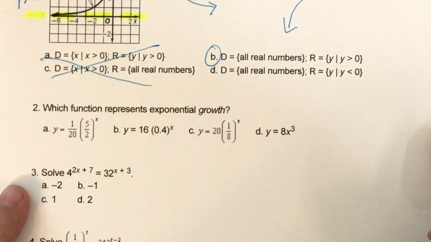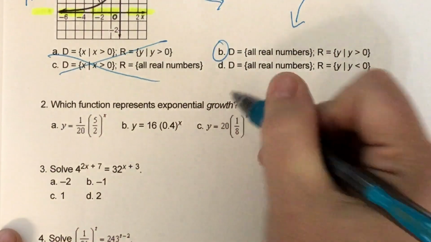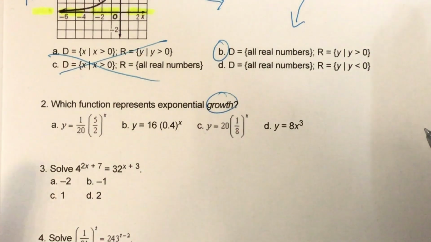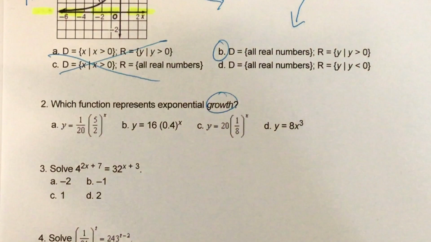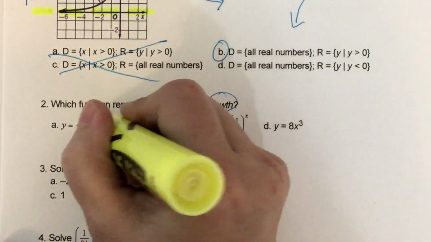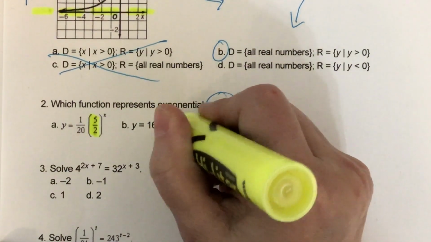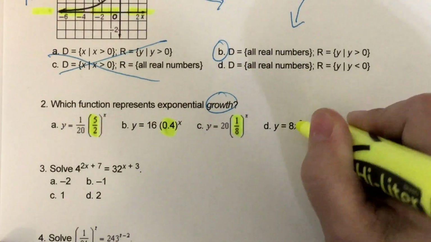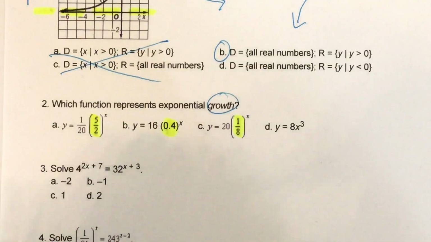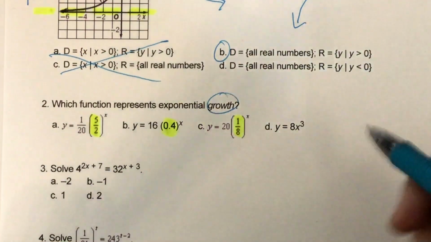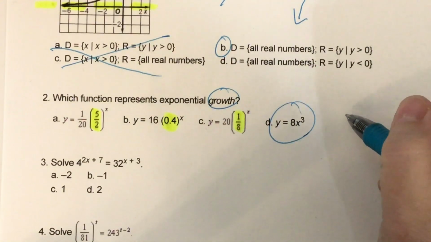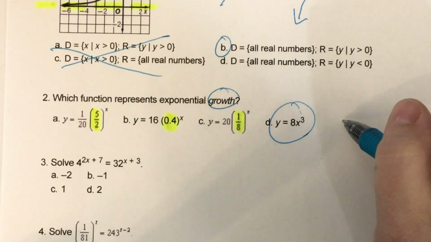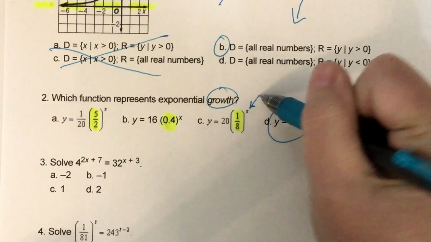All right, number 2. Which one is exponential growth? Well, for it to be exponential growth, whatever is under the exponent has to be greater than 1. This one is not even exponential. To be exponential, you need the x as an exponent. See how the x is an exponent?